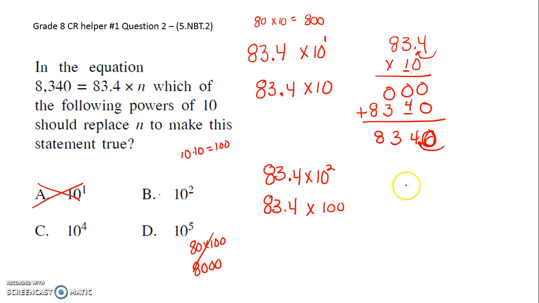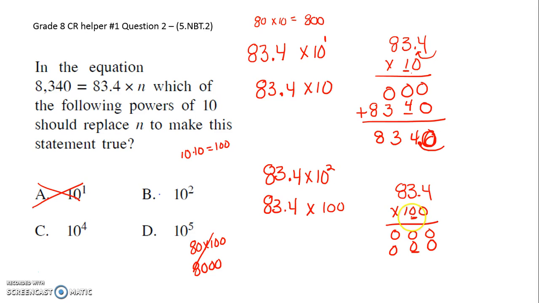Let's actually do the long multiplication off to the side. 83.4 times 100. For those of you who need to, you could always do 0 times 4 is 0, 0 times 3 is 0, 0 times 8 is 0. If I move to the tens place, I put a 0 placeholder and I move to the tens here. 0 times 4 is 0, 0 times 3 is 0.